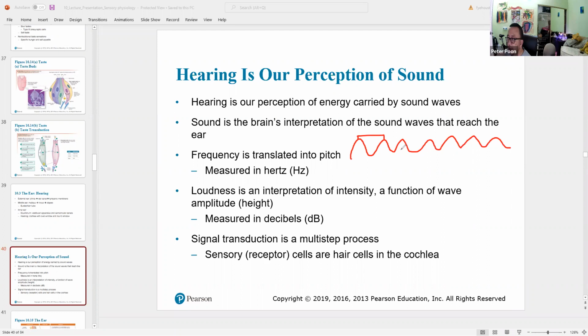Hertz is 1 over seconds. Something that has a frequency of 100 hertz moves through the medium at 100 waves per second. The height of the wave is measured in decibels, and that's the amplitude.